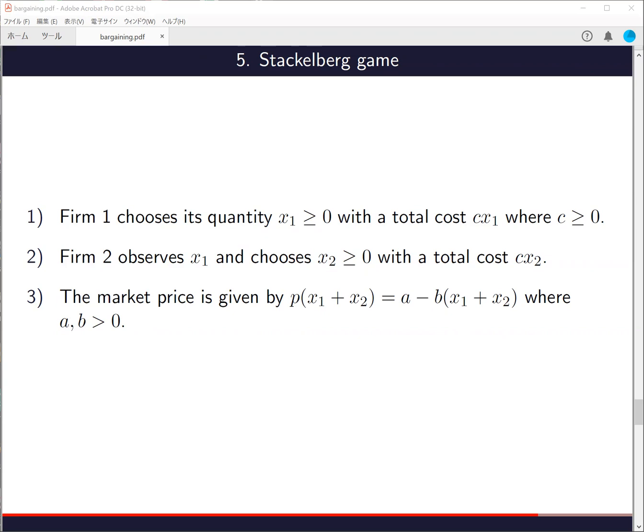Second, firm 2 observes x1 and chooses its output level x2 with a total production cost of C times x2. Lastly, the market price P, which is a function of the aggregate output, is determined by the linear inverse demand function given by A minus B times the aggregate output. Here, A is the intercept parameter and B is the slope parameter.